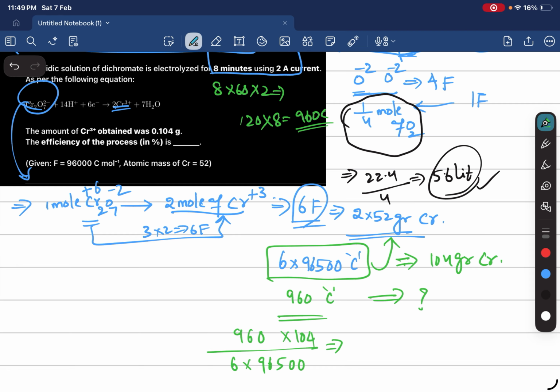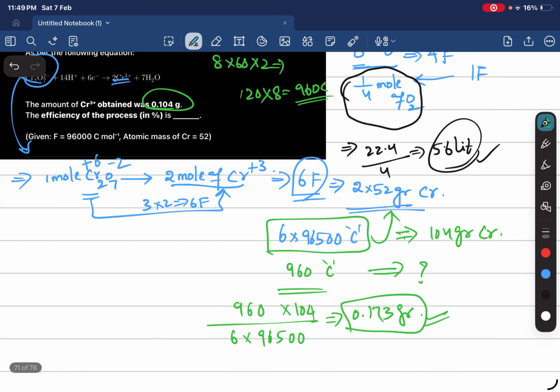If you simplify this, you will get 0.173 grams. But what is the actual mass, students? With this charge of 960 coulombs this much is supposed to be deposited, but the actual deposition is less than this. What is the actual deposition amount? 0.104 grams is deposited instead of 0.173 grams.